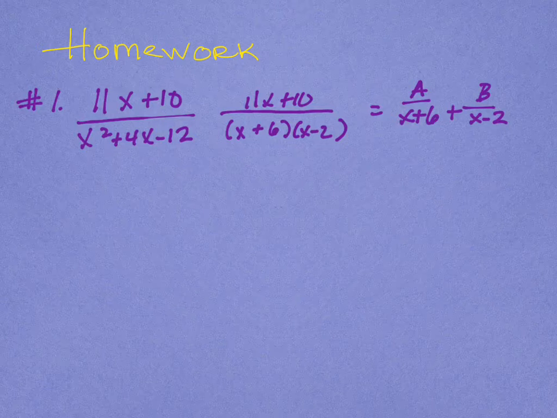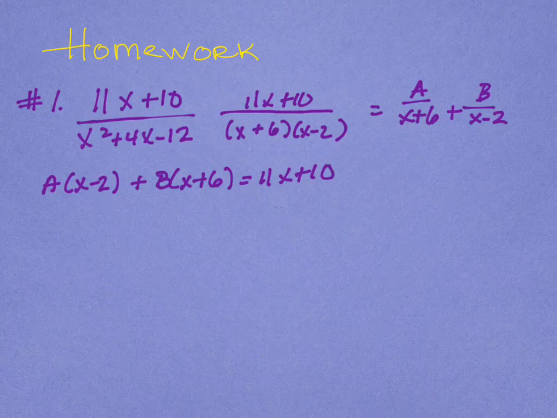And so then we can say that a times x minus 2 plus b times x plus 6 is equal to 11x plus 10. So ax minus 2a plus bx plus 6b equals 11x plus 10.